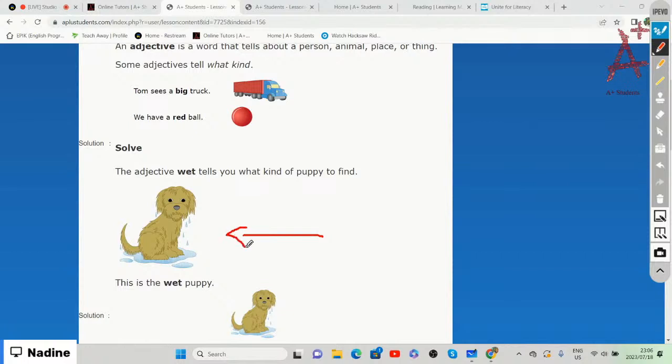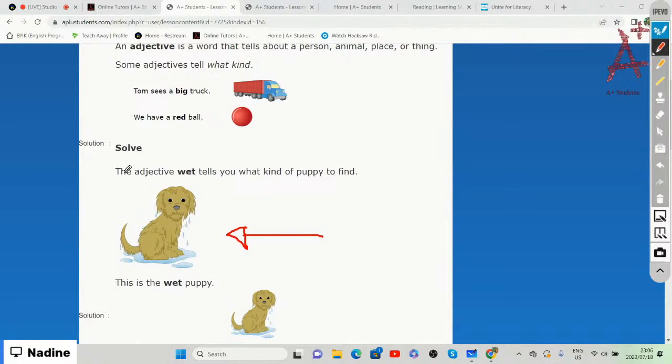And what tells us that the puppy is wet? It's firstly how the puppy looks, but also the water or the droplets that are dropping from the puppy. And it also shows that the puppy is in a puddle. So little droplets of water are dropping from the puppy's fur.